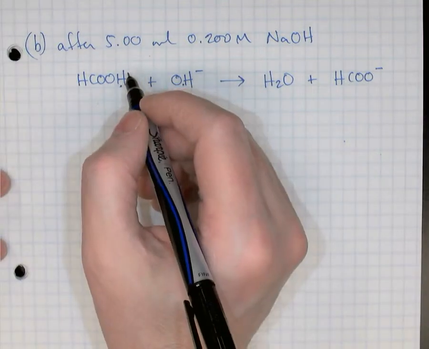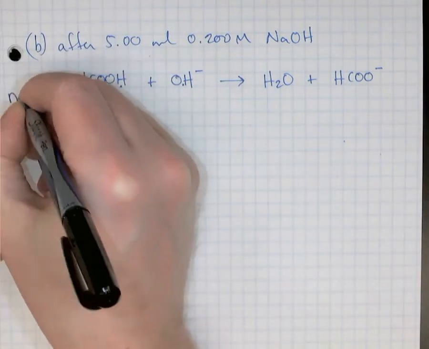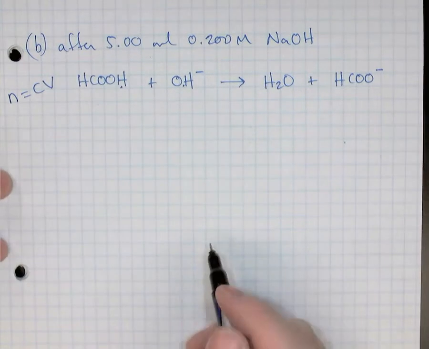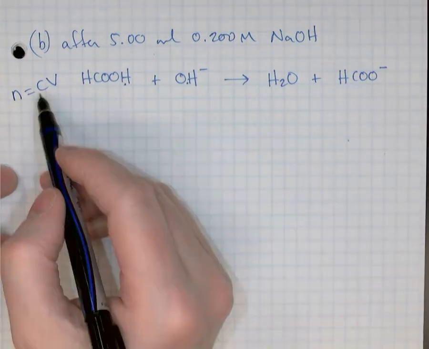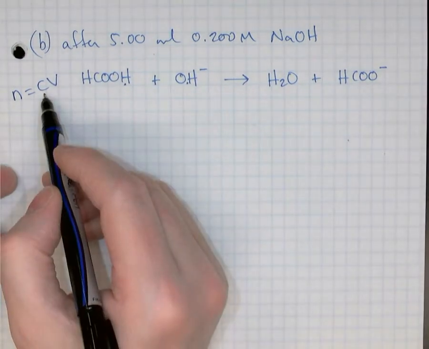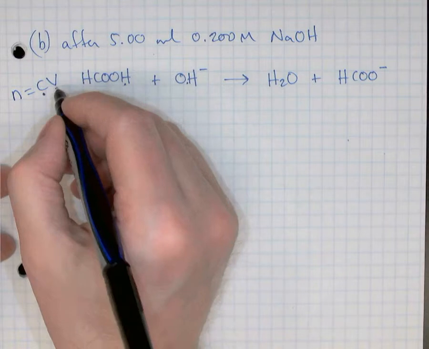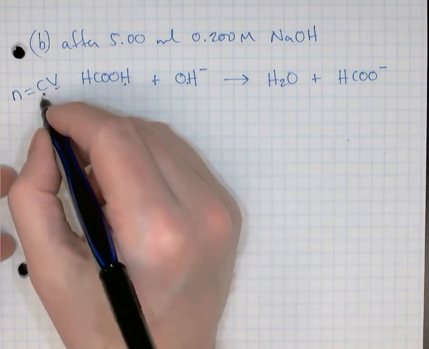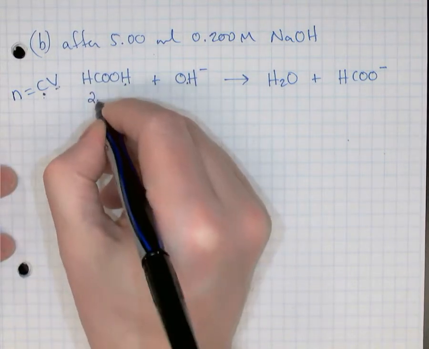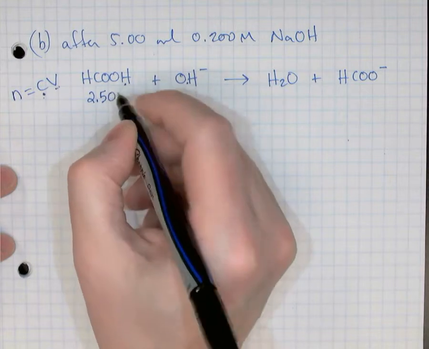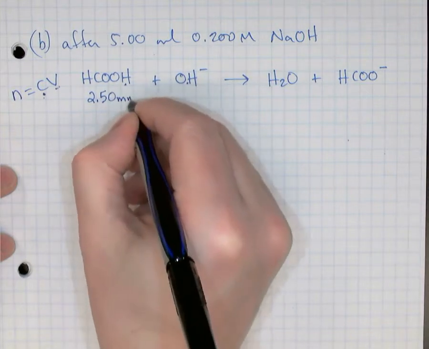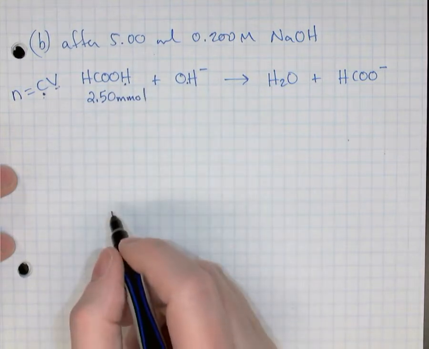So if we had 25 milliliters, I'm using n equals C times V as my little formula. The concentration of the acid was 0.1 molarity, and we had 25 milliliters, the volume. So if we leave the volume in milliliters, 25 times 0.1, we get 2.50 millimoles of the acid.